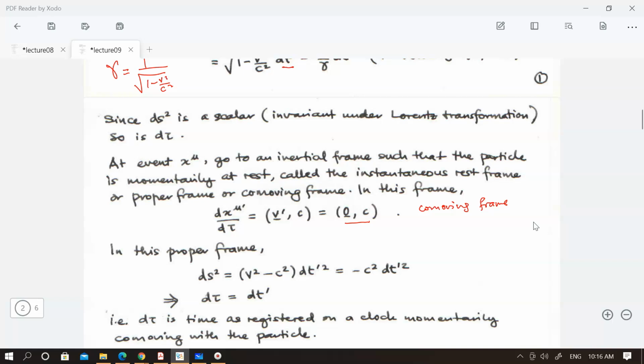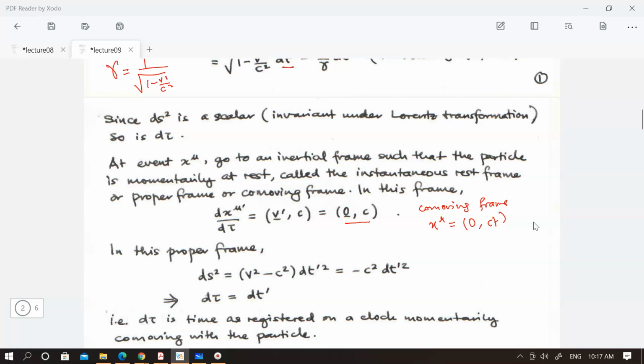I should say that your x mu will be 0 and c. So that means it stays at the origin because you're carrying the frame together with the particle. So when you take the derivative with respect to time in that frame, this becomes the 0 vector and c.